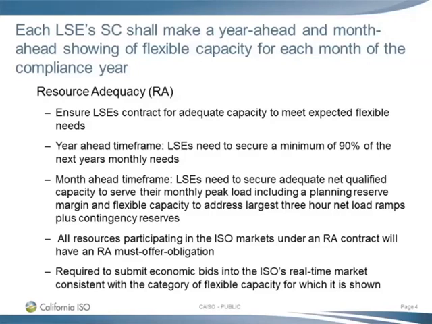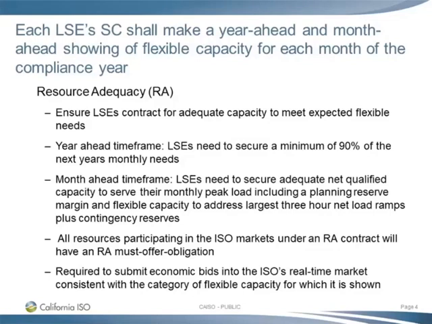Month-ahead, LSEs need to secure adequate net qualifying capacity to meet the monthly peak demand plus a reserve margin, and embedded in that is the flex capacity needs. And hence, this maximum 3-hour ramp we expect to see each month.